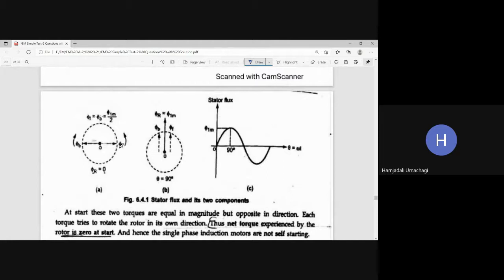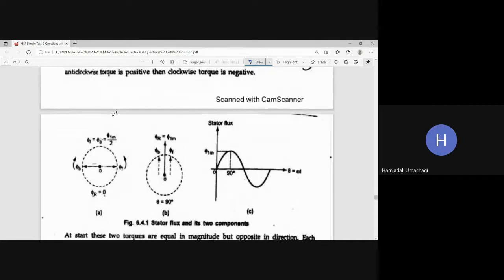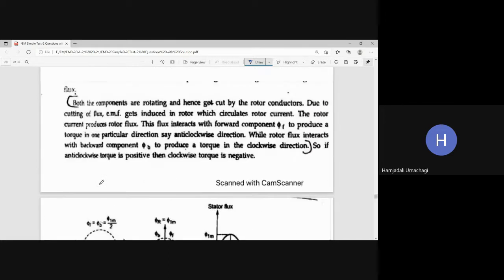Here, phi f equals phi b equals half of phi 1m. At this position, the resultant flux phi r equals 0, because phi b is in the clockwise direction and phi f is in the anti-clockwise direction, both equal and opposite to each other. So the resultant flux phi r is 0 for theta equal to 0 degrees.